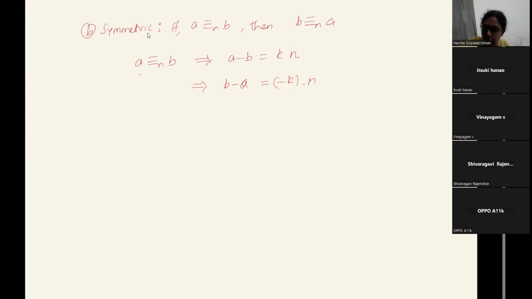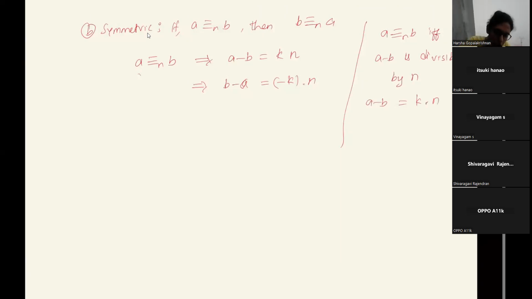Here, A is related to B. By definition, A is related to B if and only if A minus B is divisible by n. Divisible by n means it is a multiple of n. That means A minus B is some k times n.